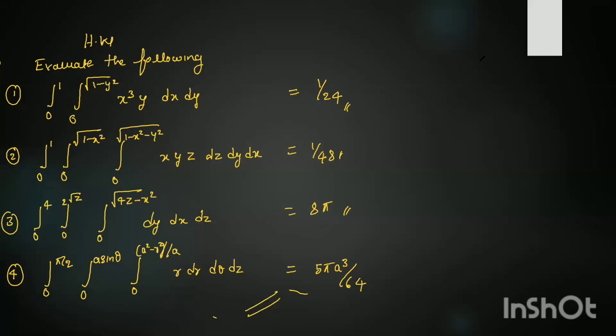Third one, read the 4th question. The third integration is r minus r1. The fourth one you are asking? 0 to pi by 2, 0 to a sine theta, 0 to a square minus r square divided by a.